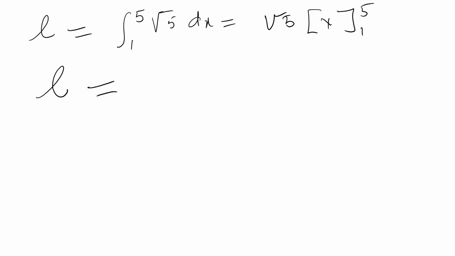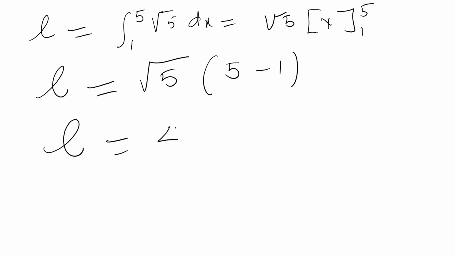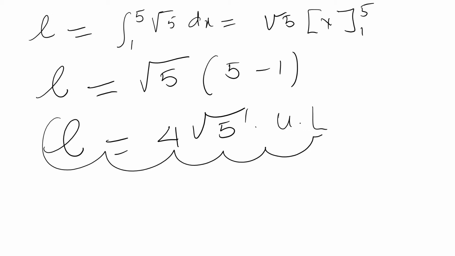So the length will be equal to the square root of 5 times (5 minus 1), so the length will be equal to 4 square root of 5. Then we put here the unit of length. This will be the length of that straight line from 1 to 5.